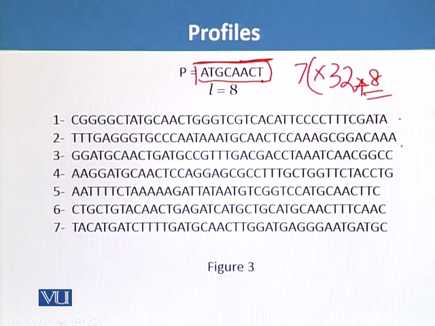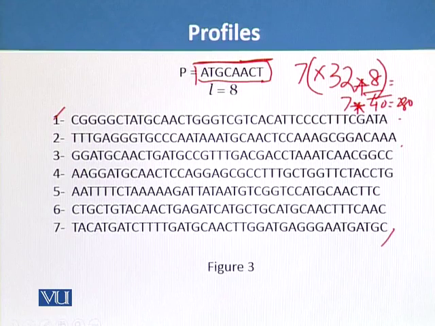So the total is 7 multiplied by 40. So the answer will be 280.